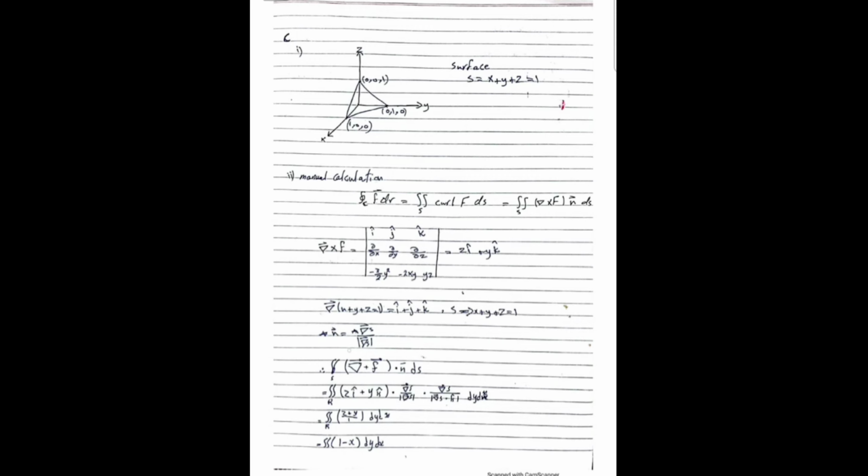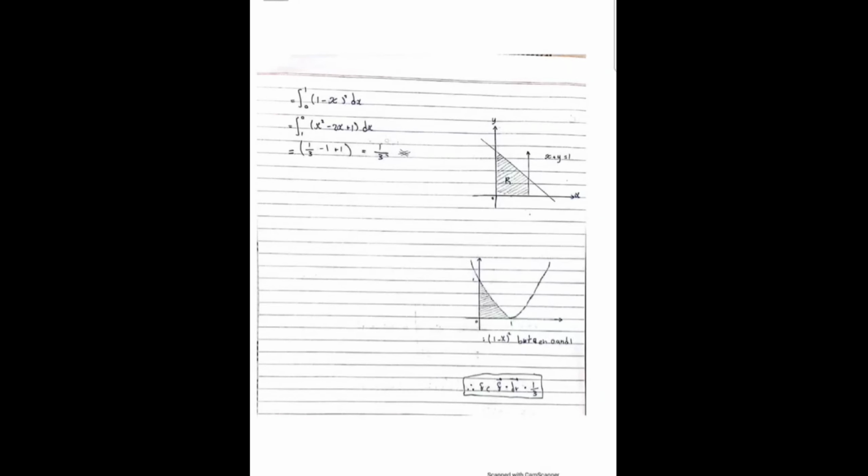So we find n, the normal vector, and so we do the integral for S. So the double integral over R of Zi plus Yk multiplied with the n. Therefore we get the final answer equal to 1/3.